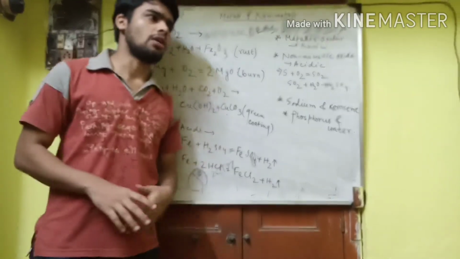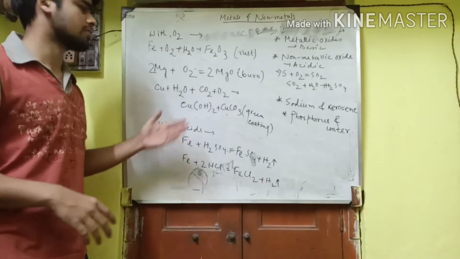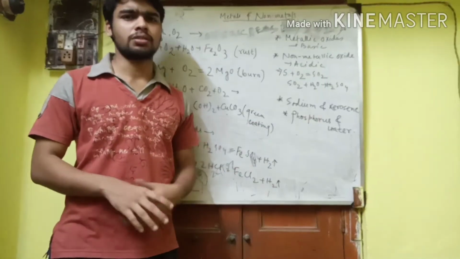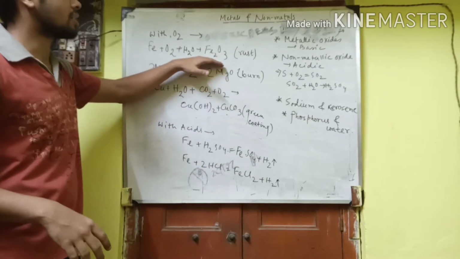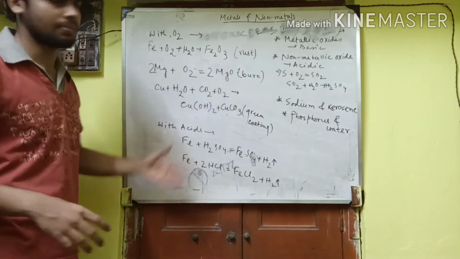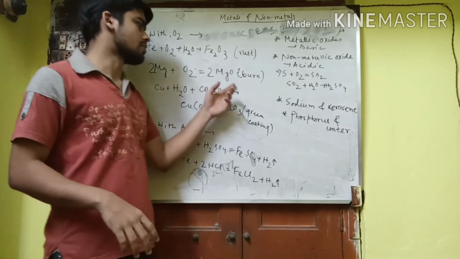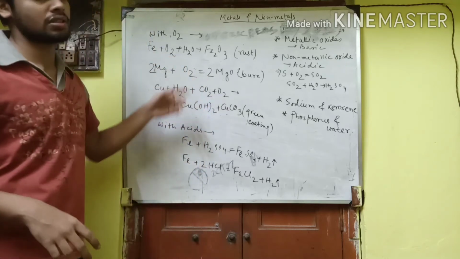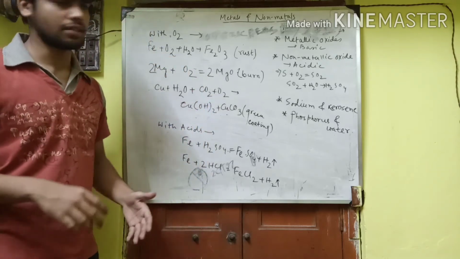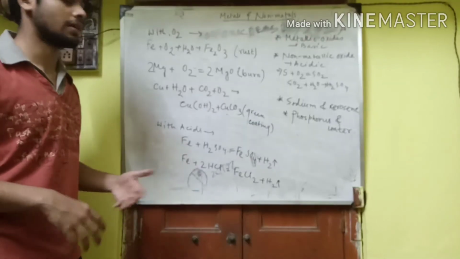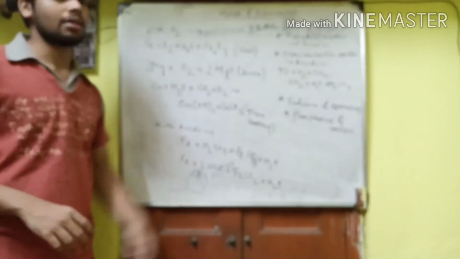Basically, all metals which react with oxygen form the oxides of that particular metal. So here the oxide of iron, and here the oxide of magnesium. This equation is important because it is an example of an exothermic reaction where heat is generated with burning.